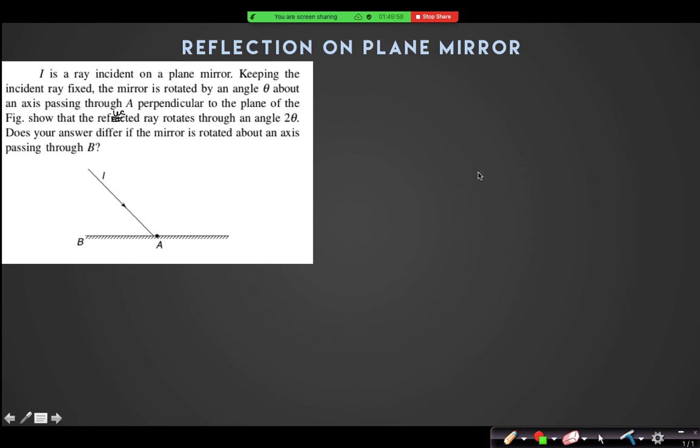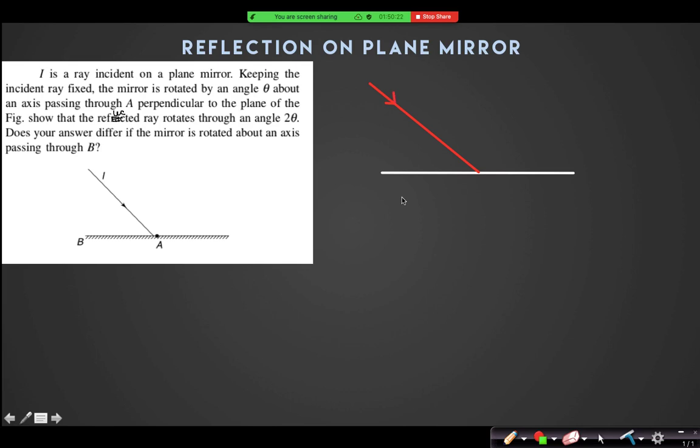No. Yes. What should be my proof? Let us try to prove this first. Suppose this is the mirror and this was the red color line. It is the incident ray. Now I am making the incident ray fixed. The incident ray is fixed.